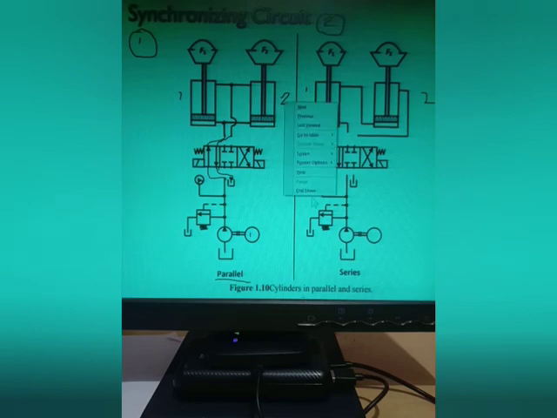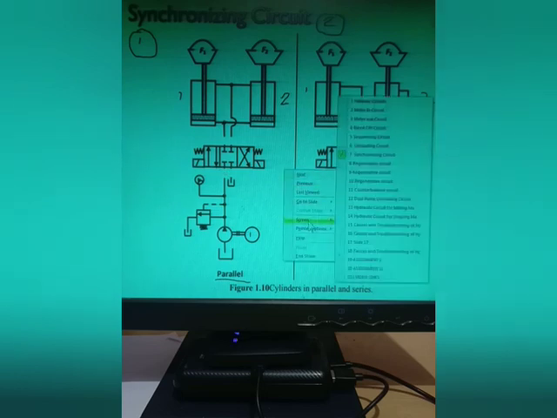Now suppose I move the direction control valve, and I connect the direction control valve to position number 2. So suppose this is our position number 2. In this position number 2, what will happen?